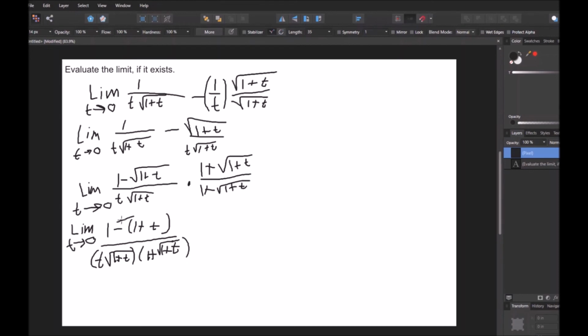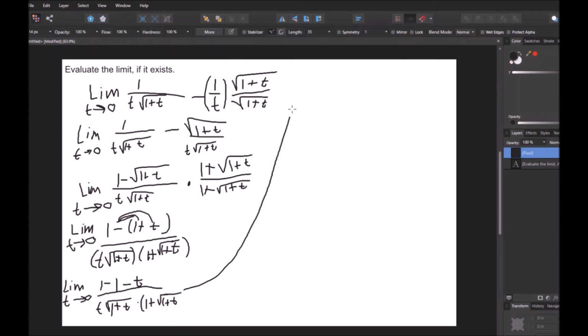So this negative 1 is going to distribute to the 1 and t. So this is going to become the limit as t approaches 0 of 1 minus 1 minus t over t times the square root of 1 plus t times 1 plus square root of 1 plus t.